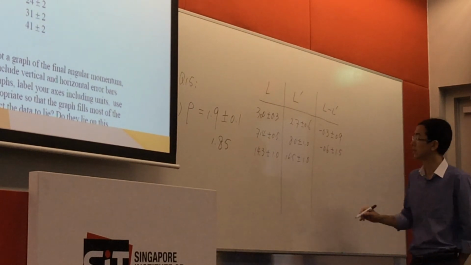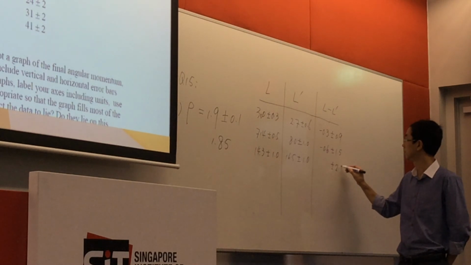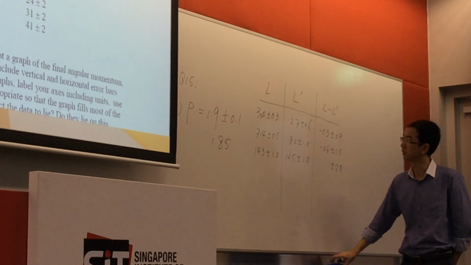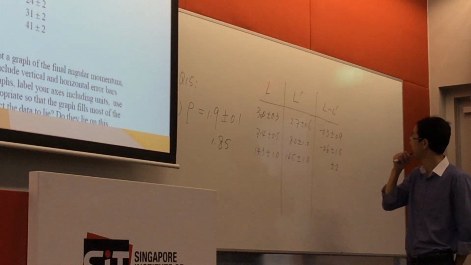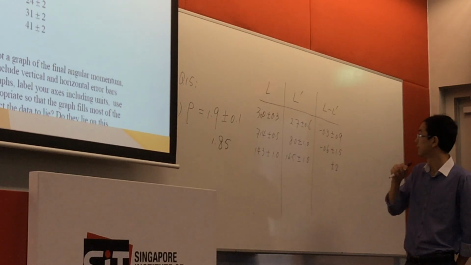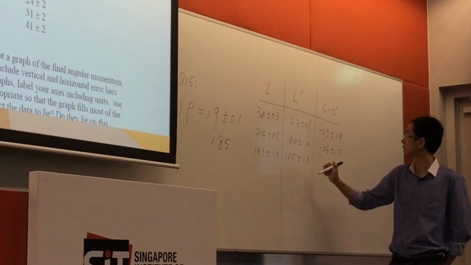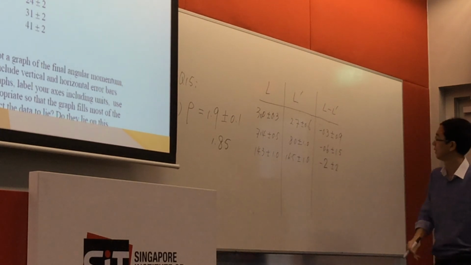So what is the uncertainty here? 2, right? And this one will be minus 2.2, minus 2.